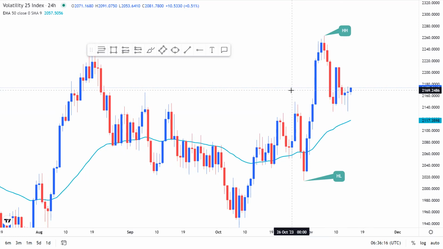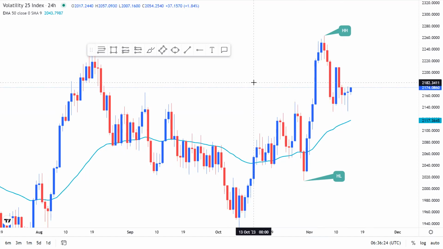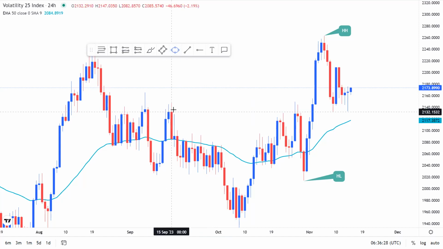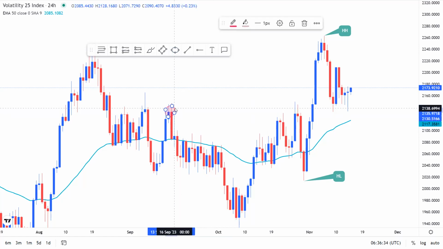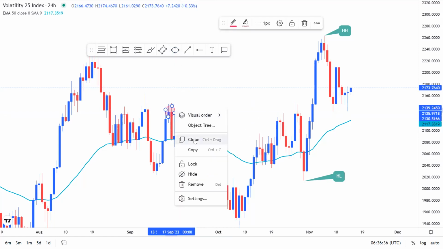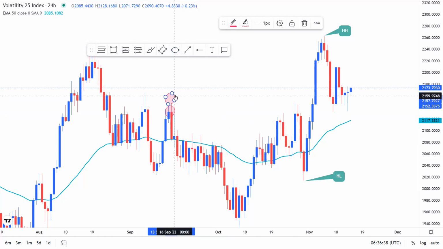For buys, I love to identify previously broken resistances turned new support to buy from. And then the very first level that comes to mind right about here is the level here.